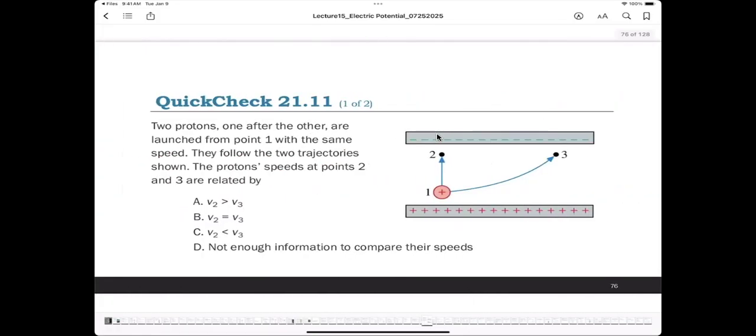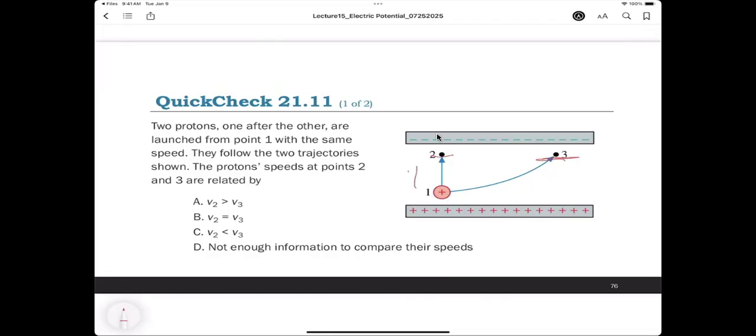Okay, let's continue to check the problem. Two protons, one after the other, are launched from point 1 with the same speed. They follow the two trajectories shown. The proton speeds at points 2 and 3 are related by which? Actually, you can see that from 1 to 2 or to 3, the distance is the same.